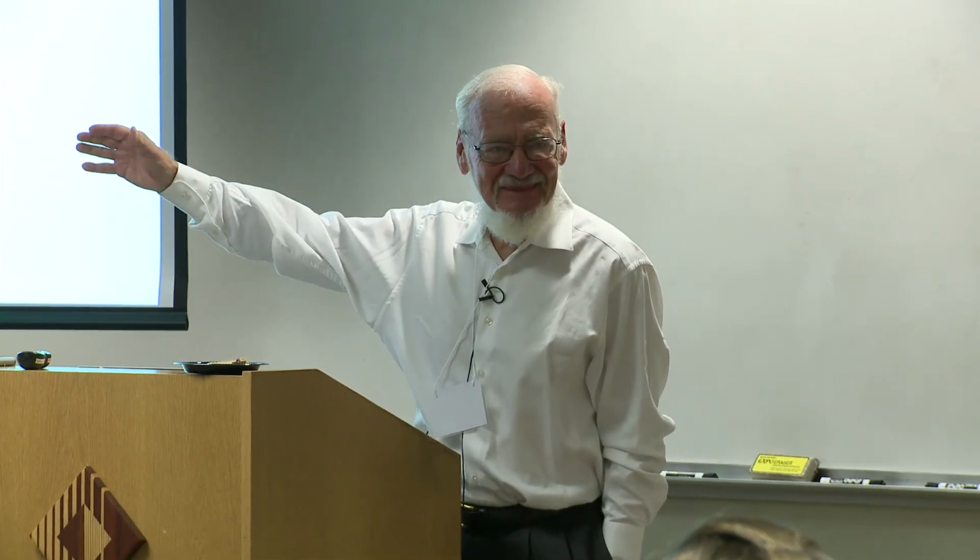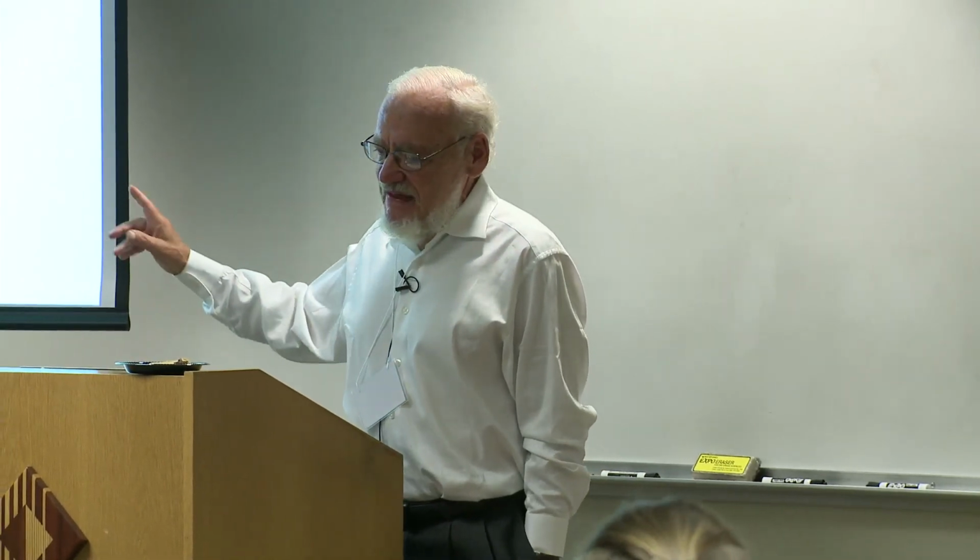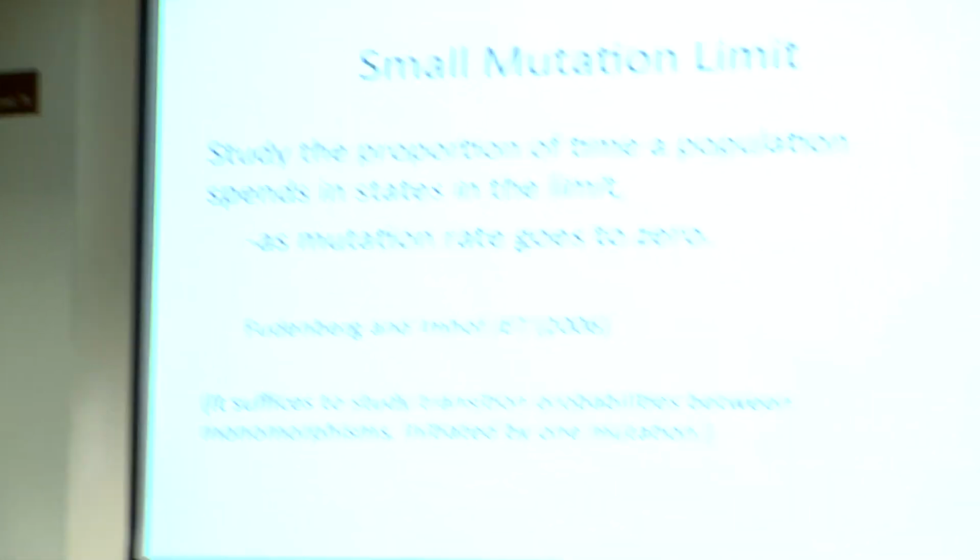And then a long time goes, and then another one pops up. If you have lots of mutations all the time, it's a different ballgame. But if you have these assumptions satisfied, you can study transition probabilities between monomorphisms that are initiated by one mutation. One new guy walks in the door, right, with a new strategy.